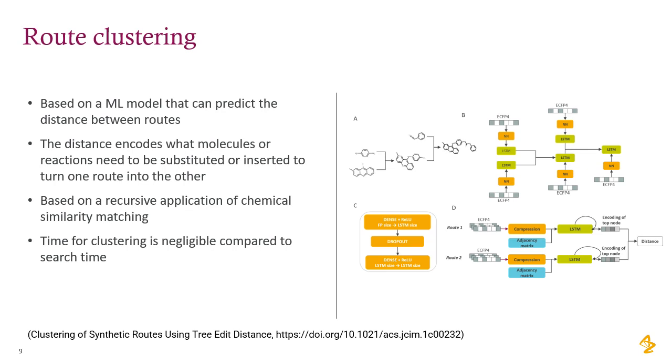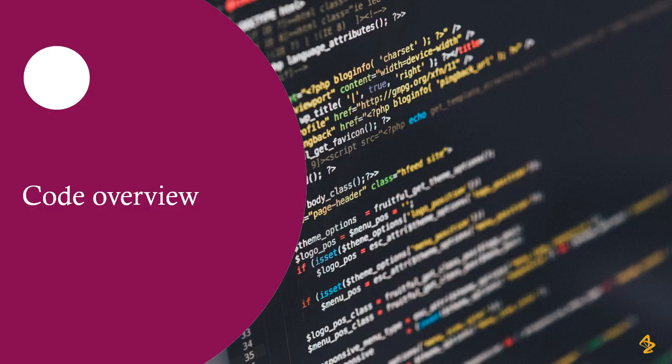So it's a recursive application of chemical similarity matching. And it's a very fast method, and you can read about the details in the reference. Okay, but let's dive into the code now when we have a common understanding of the retrosynthesis problem.